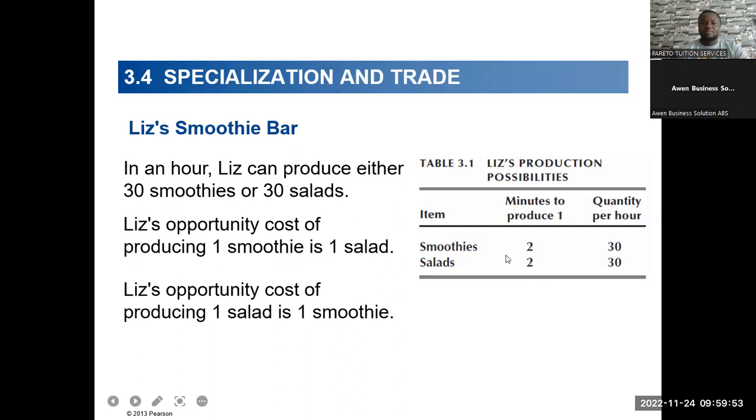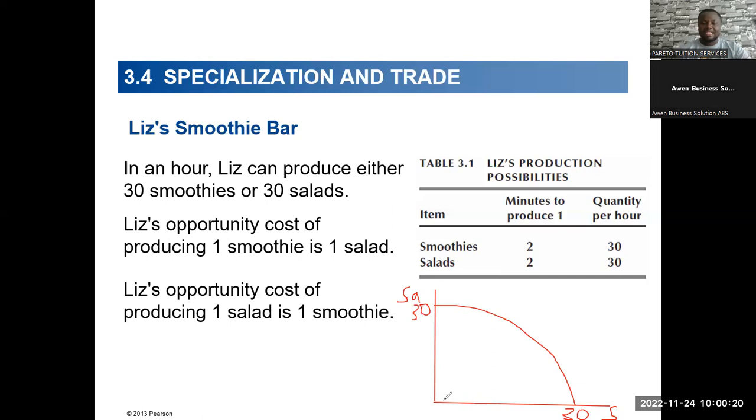Now just assuming, let's draw the PPF. I think that should help. Let's take this as smoothies and this as salad, okay? Now, if we use the entire 1 hour, we can produce 30 units of salad. If we use it for smoothie too, we can produce 30, okay?